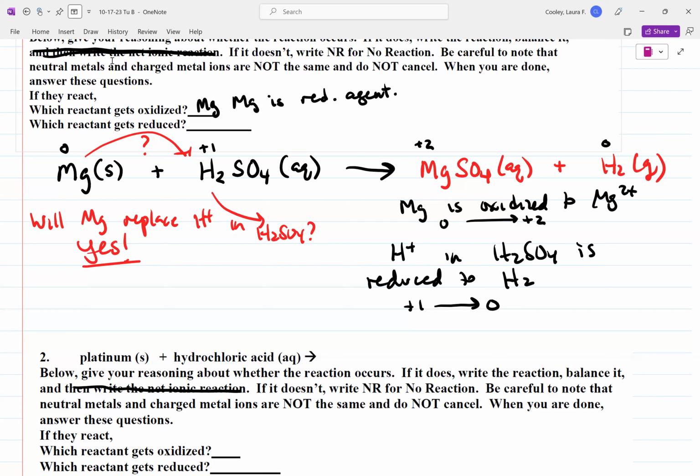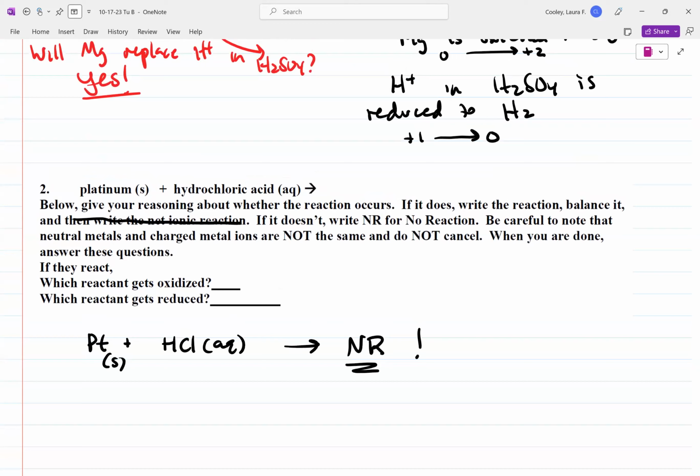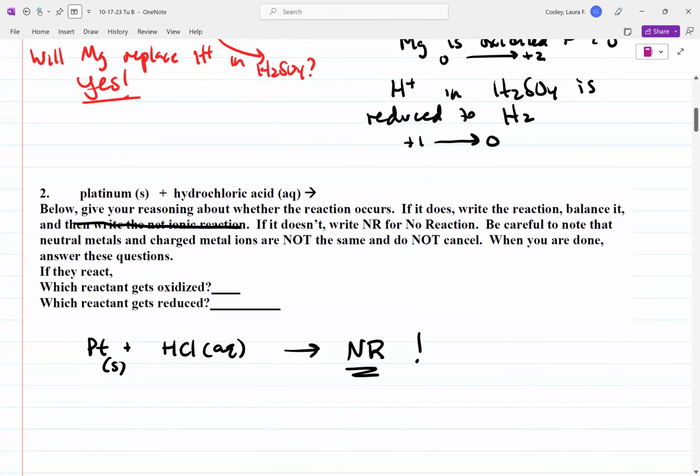Okay, so basically everybody I saw realized that this is no reaction. Why is it no reaction? Can someone help me with that? Speak up. Because the platinum is less active.